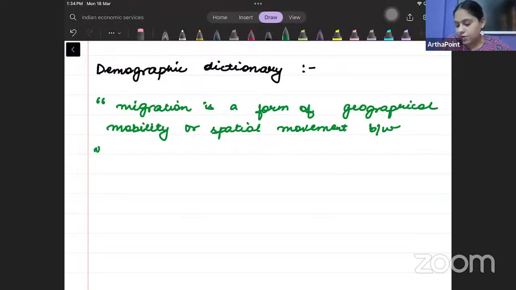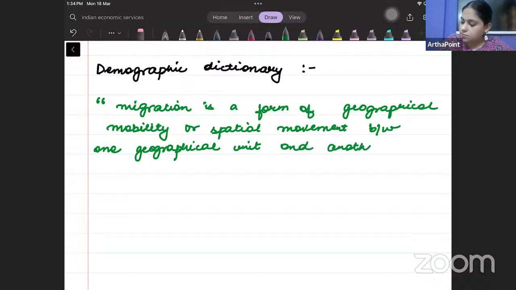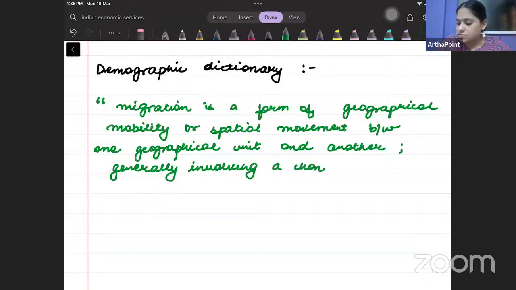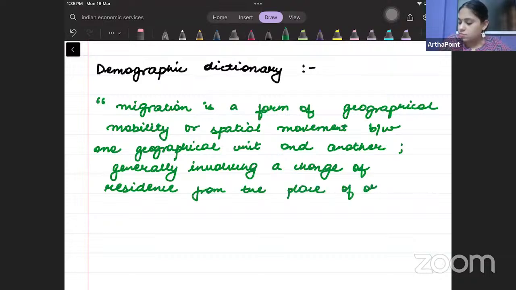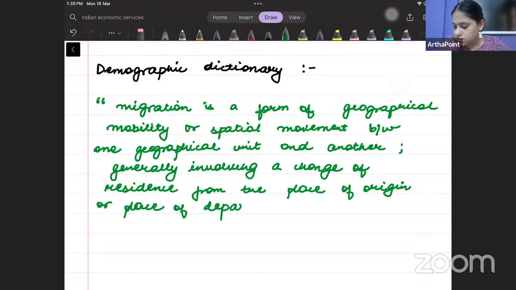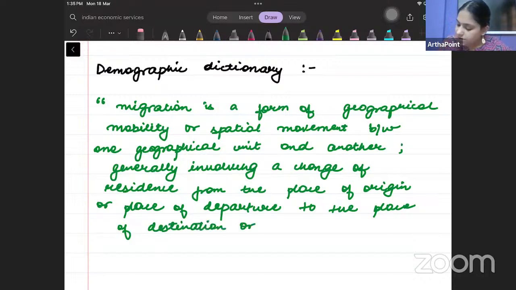Between one geographical unit and another, generally involving a change of residence from the place of origin or place of departure to the place of destination or place of arrival.